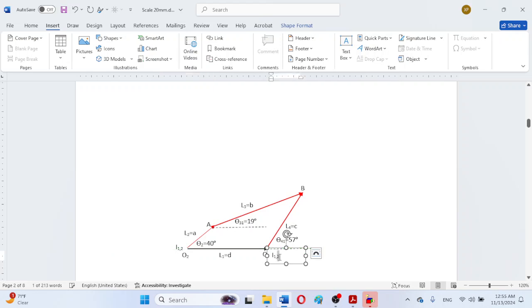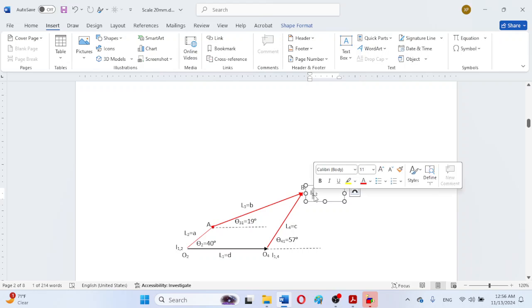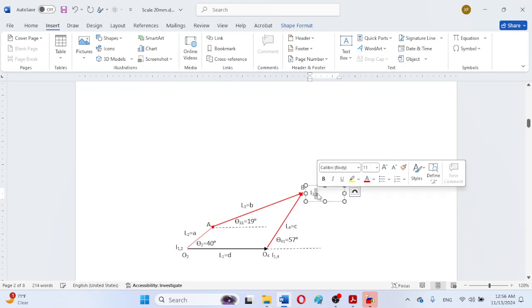Just copy this label and paste it here. This is link number 1 and 4, and again copy and paste it here, because this is connecting link number 3 and link number 4, so orderly you can write link number 3 comma 4.